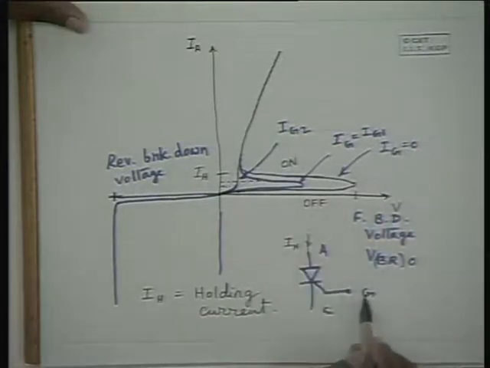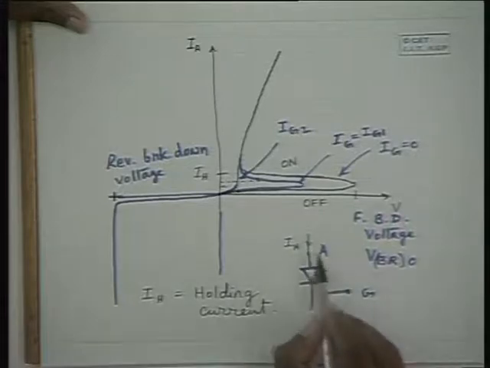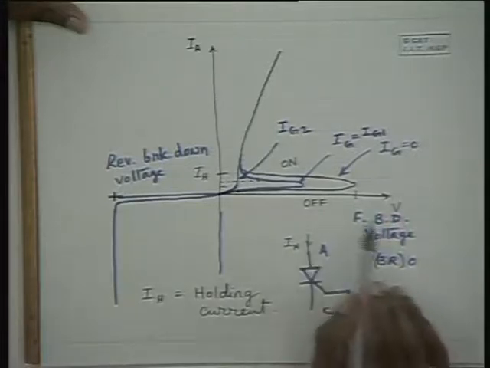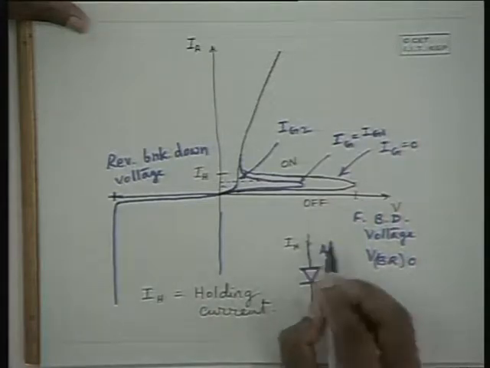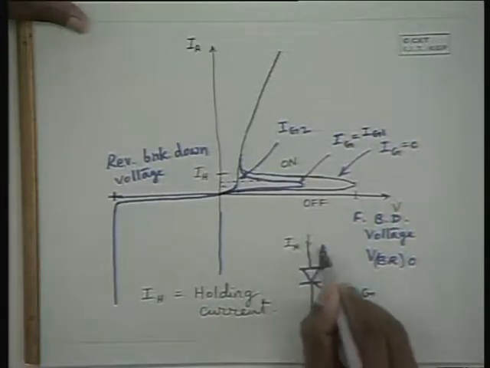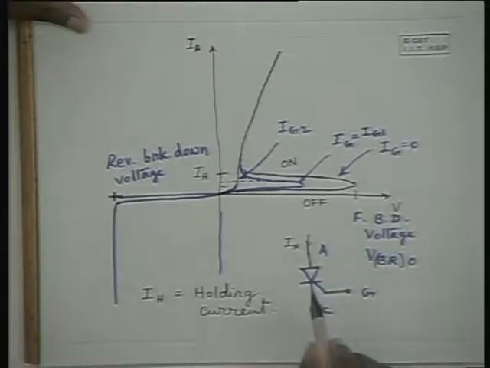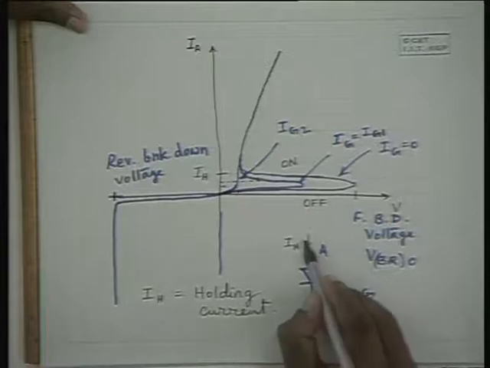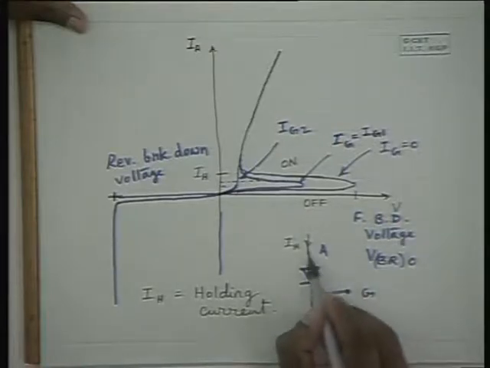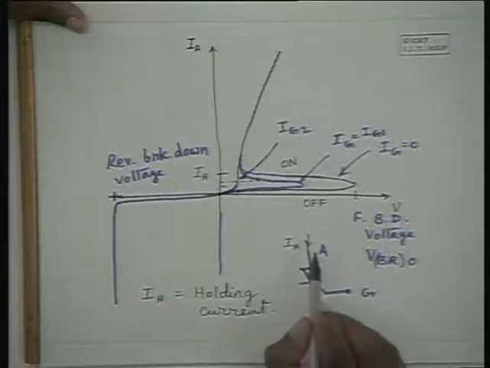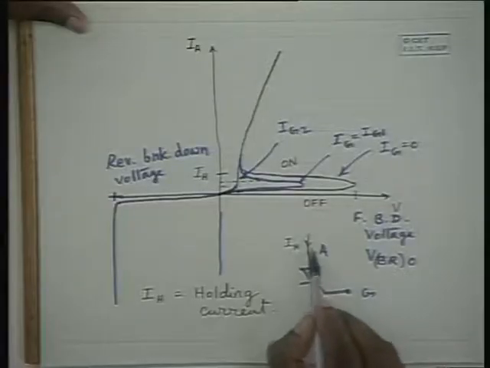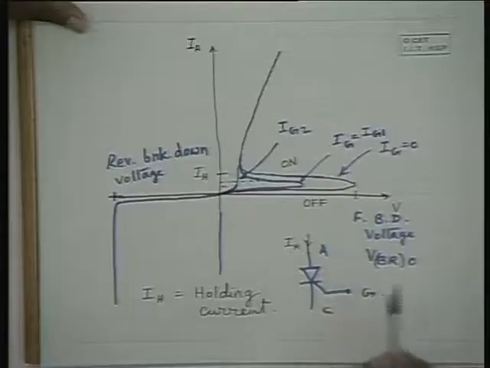That means if you make the device on through a gate pulse or by applying a potential more than the breakdown potential, then if you want to turn off the device, you should see that the current flowing through it goes below the holding current IH. If you break the current completely and make it 0, naturally it is going to be off.